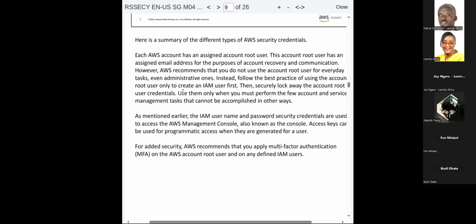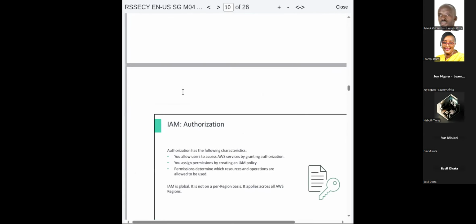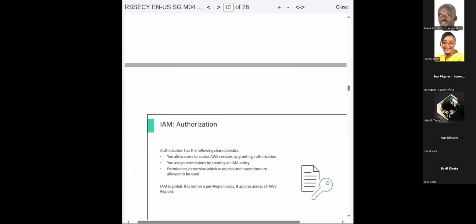All right, now, guys, tell me. As a root user, what do you use to sign into your console? Email and password. Very nice. An IAM user uses what to sign into their console?